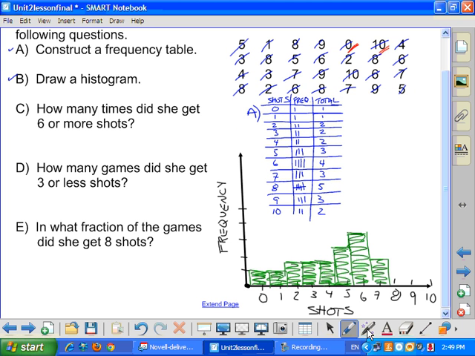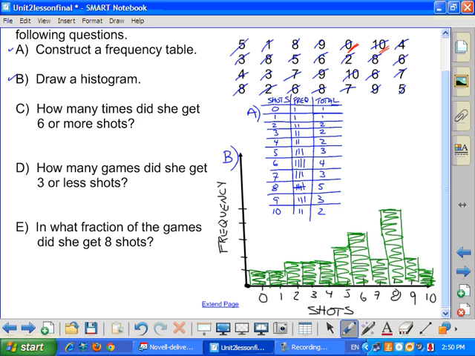So that's 4 there. So 5. Something like that. You'll have graph paper to work it with, so yours is a little bit easier. 9 happened 3 times. And 10 happened twice. So there we go. So there's a histogram. So there's our B part answered. So there is the frequency table converted to a histogram.